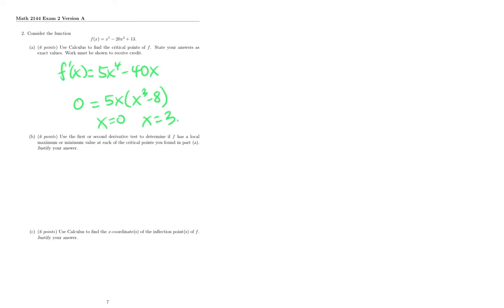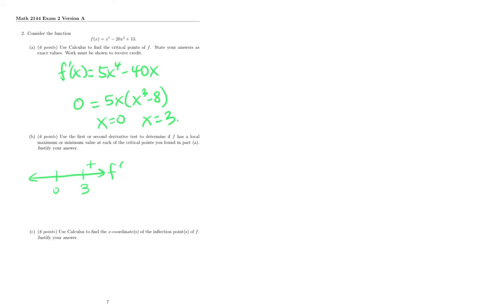Then it says use the first or second derivative test to determine if f has a local maximum or minimum at the critical points you found in part A. So let's do both. So the first derivative test, I can look at f prime and see I have 0 and 3. So if I plug in a number greater than 3, I should get something positive.